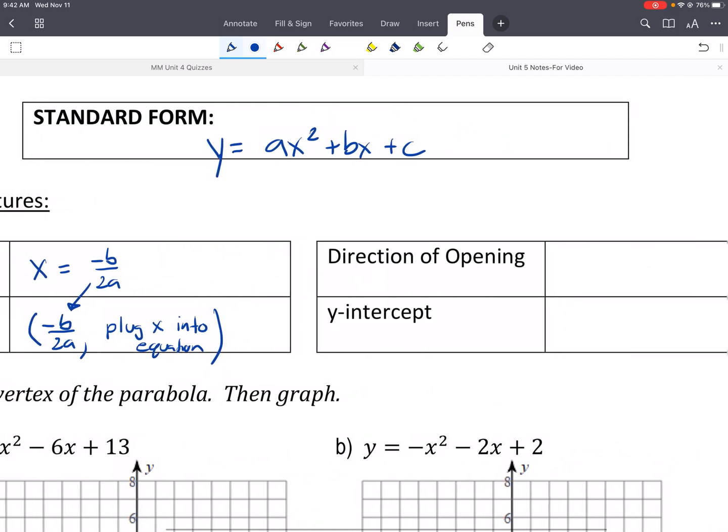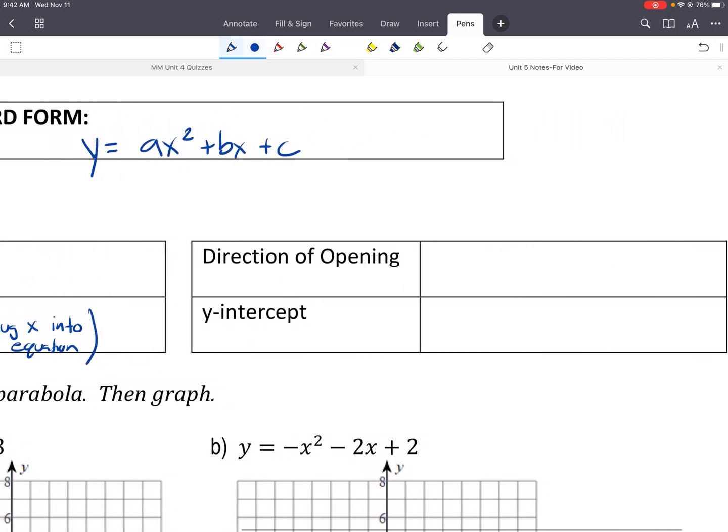We can also find the direction of opening. If the A value is positive, it opens up, which makes you happy. If A is negative, its direction of opening is down, so that makes you sad.